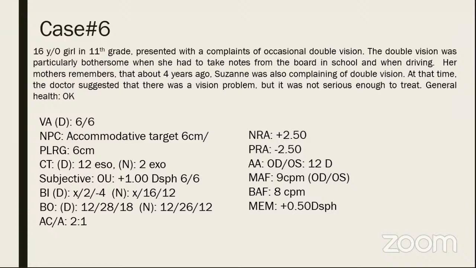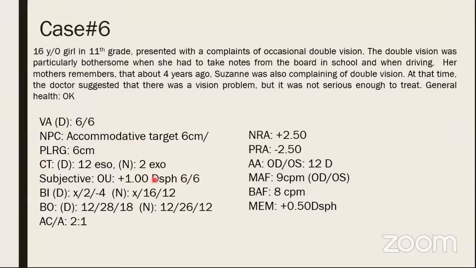So coming to this case, what would be the provisional diagnosis that comes to your mind seeing the findings of this patient? Any other diagnosis? So let's see the phoric status. At distance the patient has a greater amount of eso, and at near a small exo.